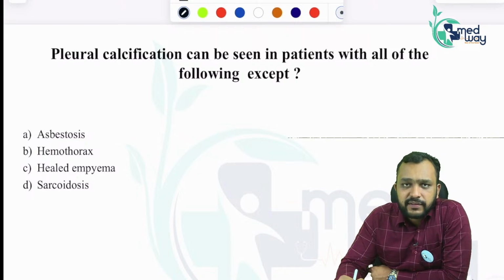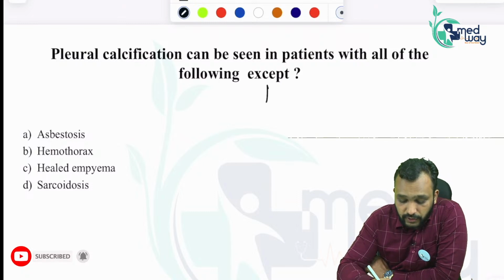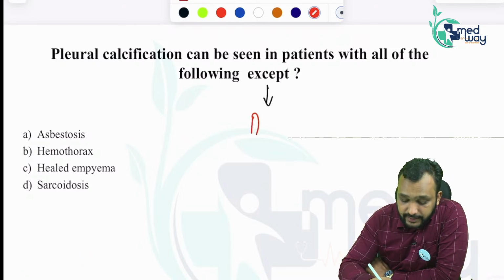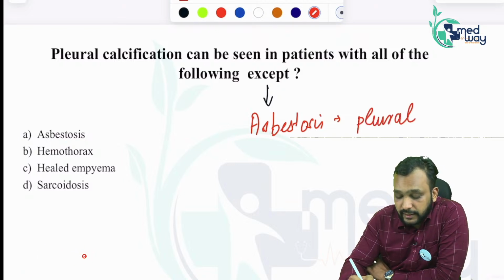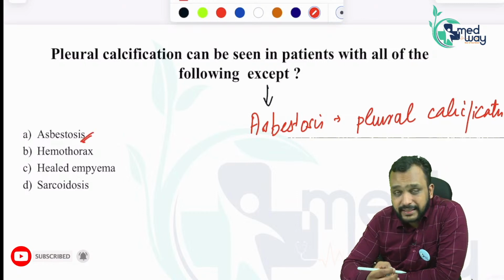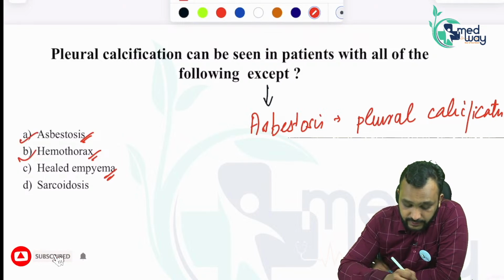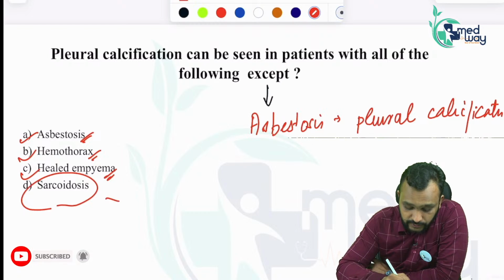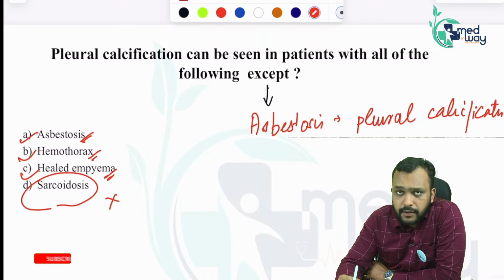Pleural calcification can be seen in all the patients except, so we all know that pleural calcification is characteristically seen in patients with asbestosis. In asbestosis, you are going to see pleural plaques, which are identified as patchy areas of calcification. Besides asbestosis, guys, pleural calcification can occur with hemothorax and after a healed empyema, but in sarcoidosis you are not going to see any pleural calcification.